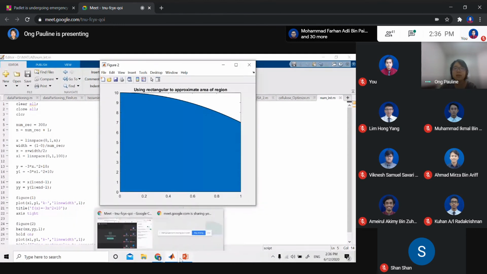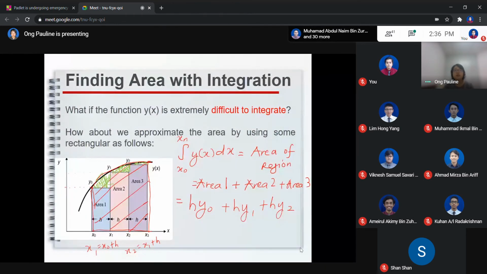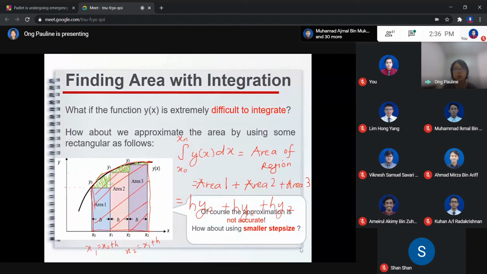This is the possible solution for us to improve the approximation of the area of the region, where we use a smaller step size. This is the idea of how we can find the integration by using rectangles to approximate the area of regions.